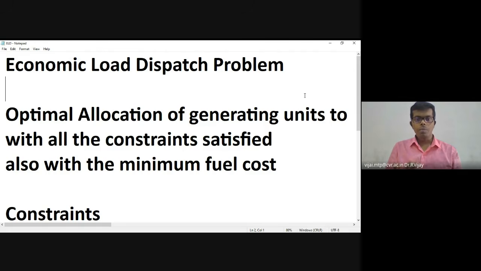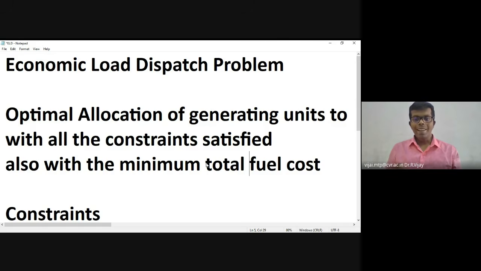The ultimate objective function of economic load dispatch is to minimize the total fuel cost. And also we have to optimally allocate the generating units with all the constraints satisfied and with the minimum fuel cost.